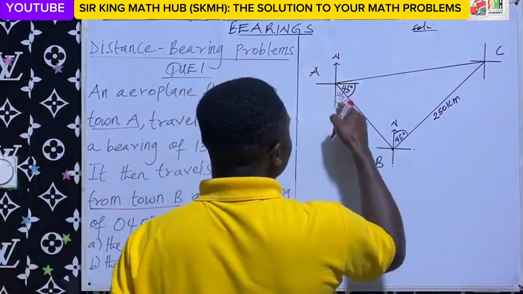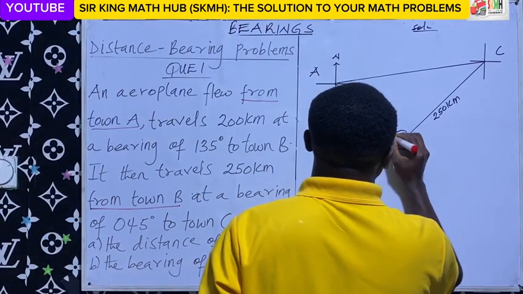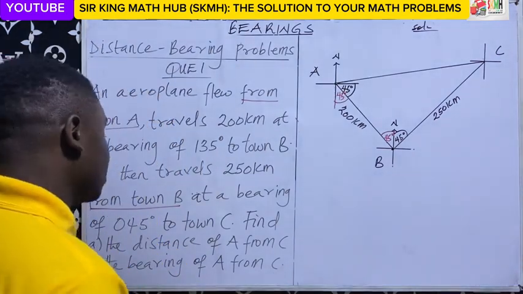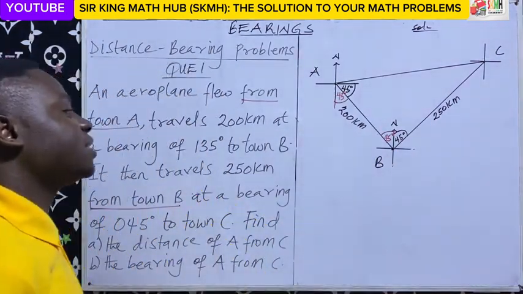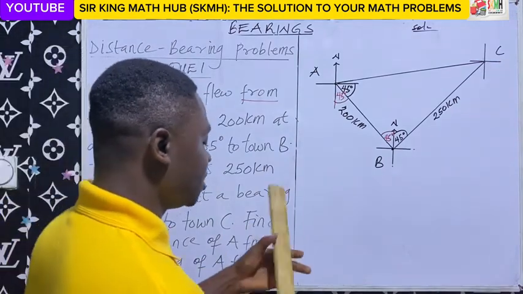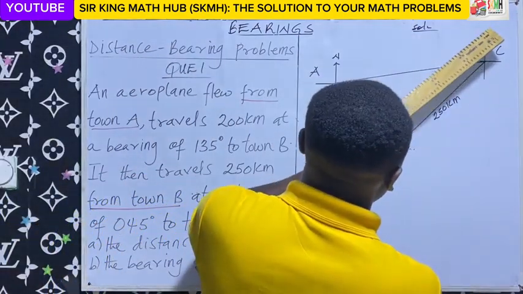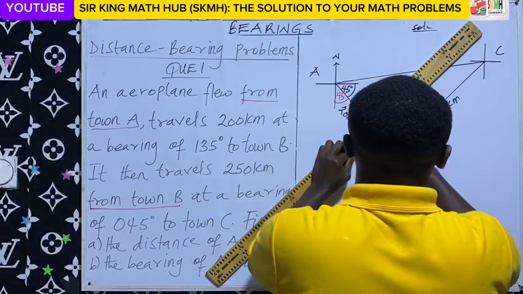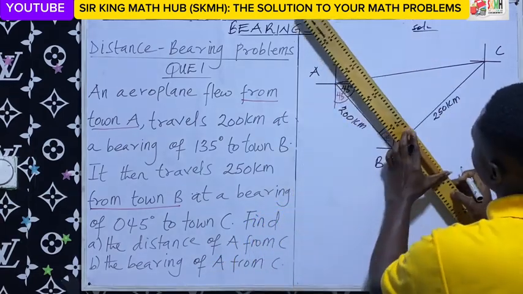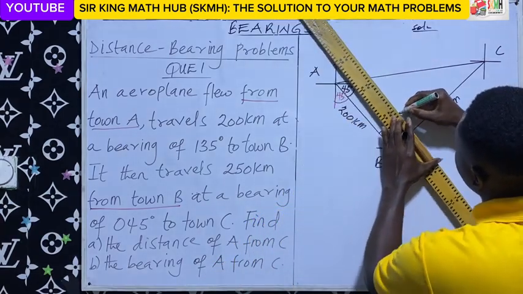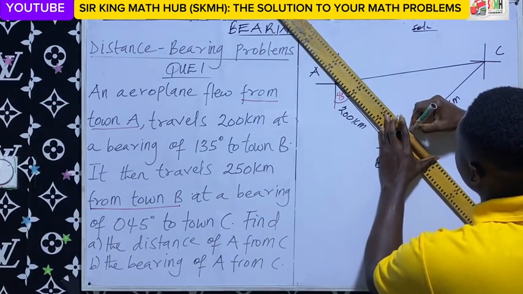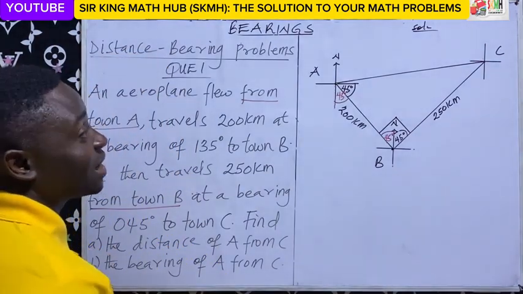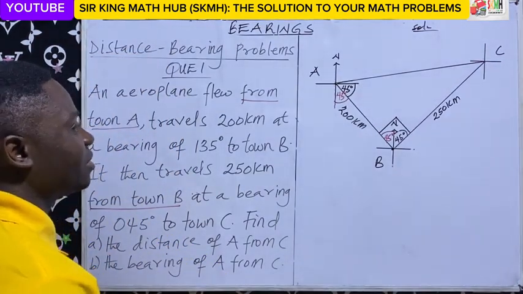So if this angle here measures 45 degrees, then clearly this angle must also measure 45 degrees. So clearly this interior angle here measures 90 degrees, or 45 degrees plus 45 degrees, that should give us 90 degrees. So we now have our 90 degrees angle. So we can conclude that this is a right angle triangle.